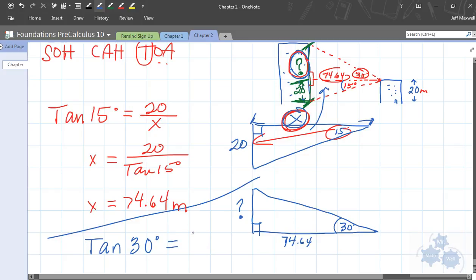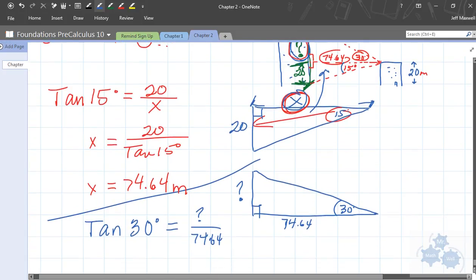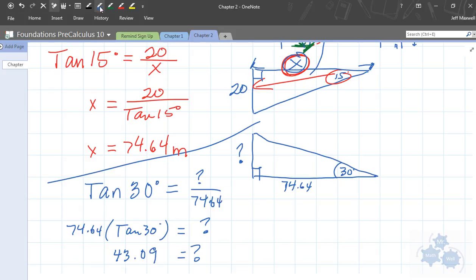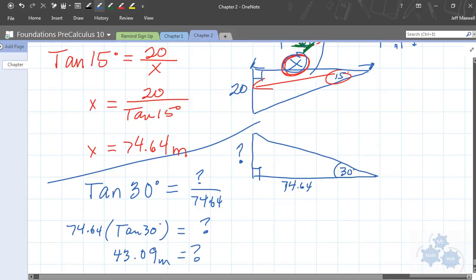Yeah? Equals this unknown piece divided by 74.64. That gives .09 meters, yes? Okay, so now we see that this right here is solved for now. That's going to be 43.09 meters.